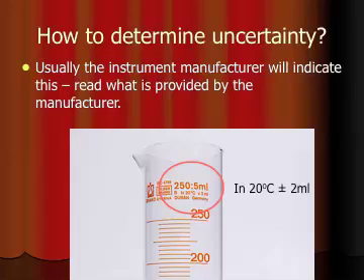It can be probably 200.5 or 200.1 or 199.9. Okay, so we are going to know for sure that it is less than 202 and more than 198. That means around 200 plus minus 2 milliliters.